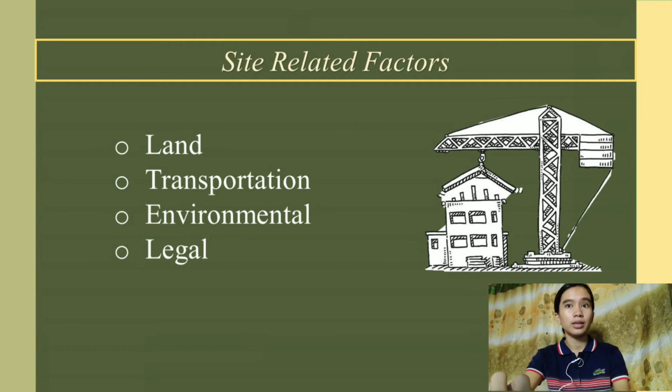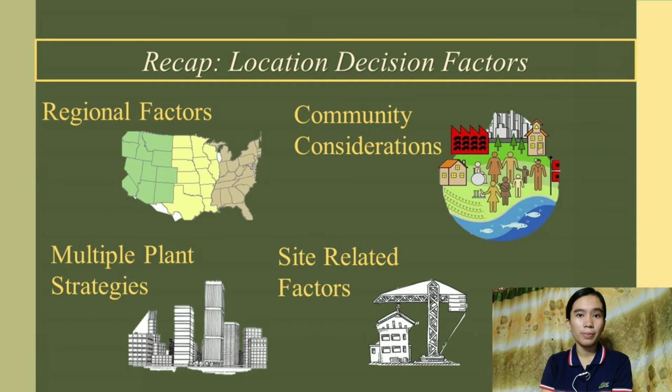These are the land, transportation, environmental, such as the things that need to be cautioned or careful about that will affect the company and the environment as well, and legal things that need to be aware of to avoid problems in the future, such as litigation and the like.